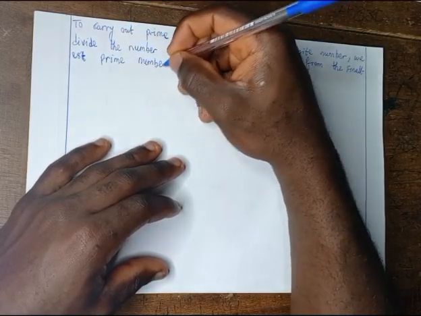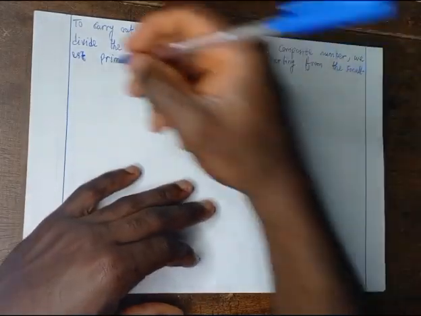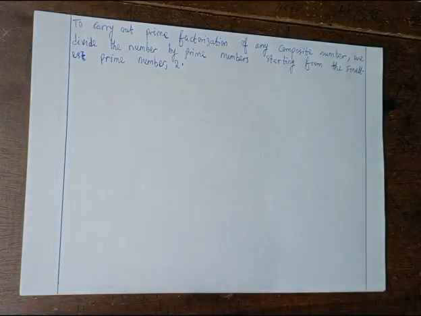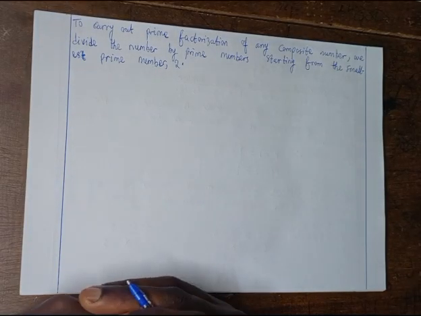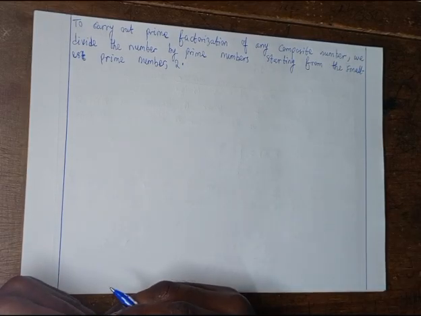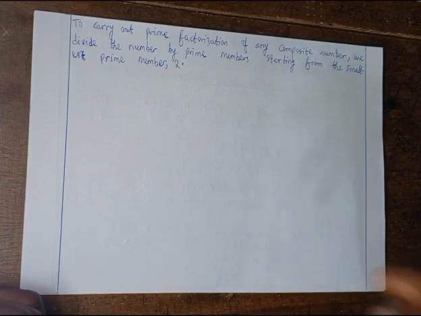The smallest prime number is 2. Starting from the smallest prime number 2, from there we can express the number as a product of its prime factors. If the number is not divisible by the smallest prime number 2, we try the next 3. If it is not divisible by 3, we try the next, which is 5, and so on.